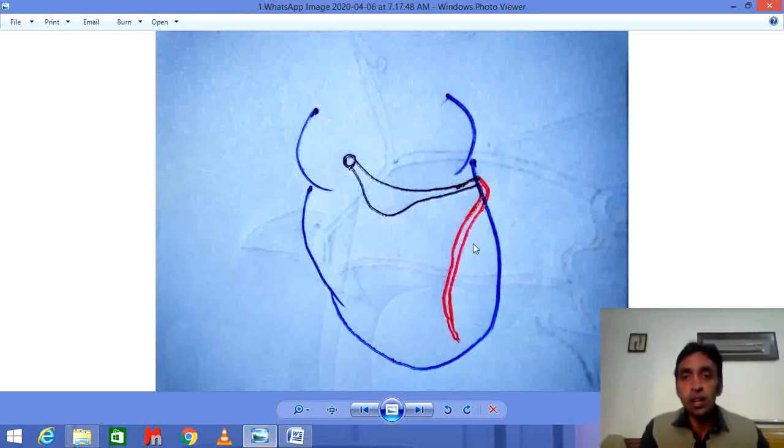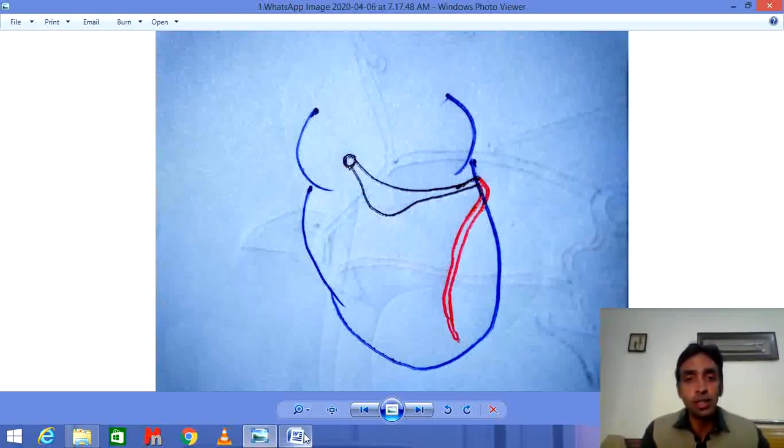All the veins which are present inside the heart carry blood to this coronary sinus, which eventually opens to the right atrium of the heart. This is the opening of the coronary sinus in the right atrium.